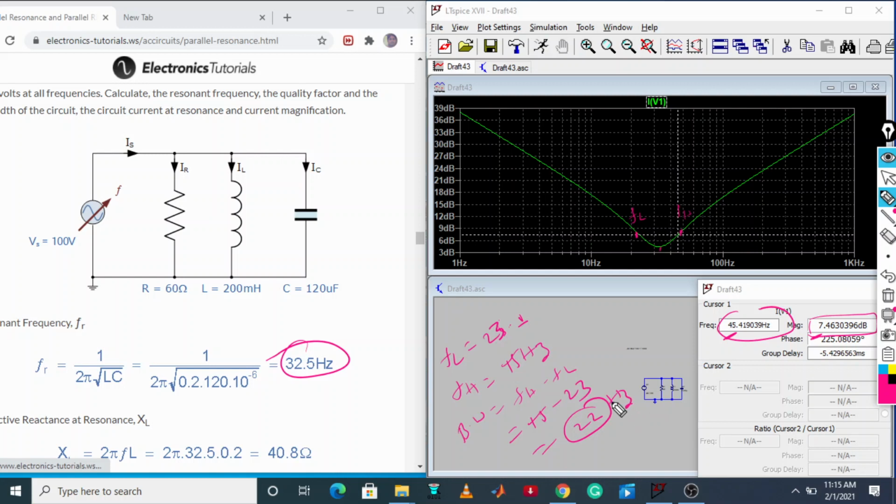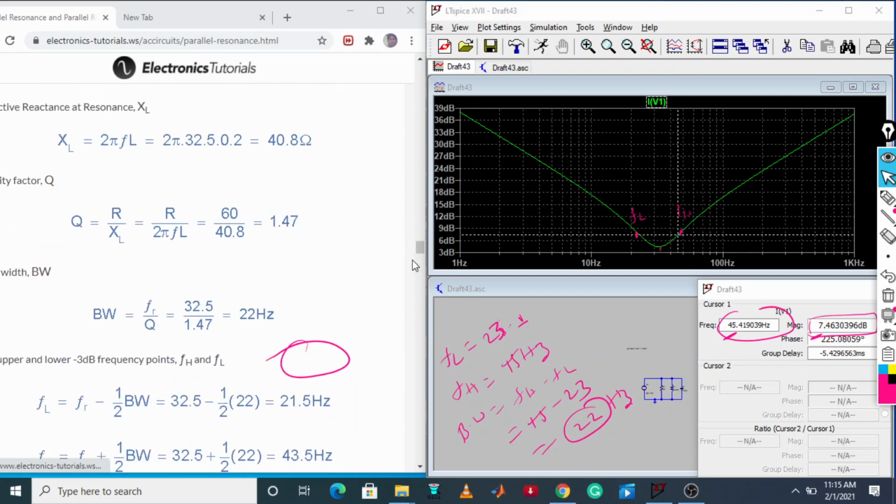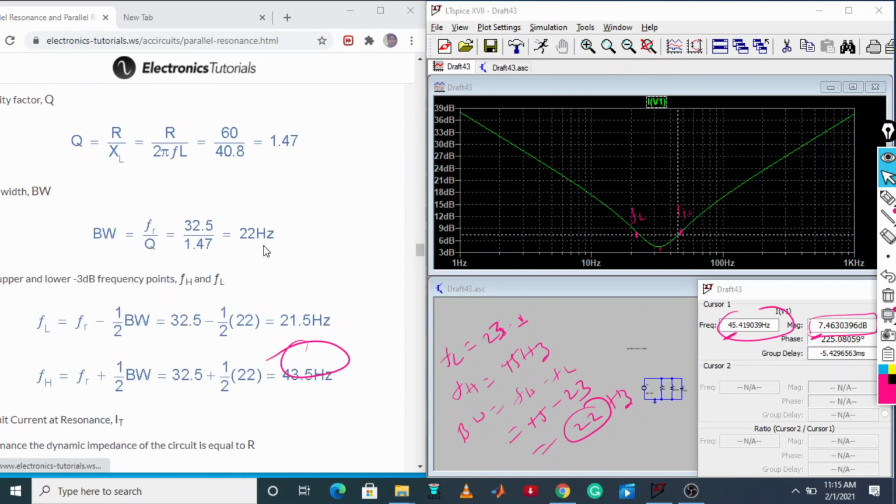Now we are going to check whether it matches our answer. Now if I scroll this, if you see, bandwidth is around 22 hertz, and this is the calculated value that we got. The calculated value is 22 hertz, and the bandwidth from the graph is also 22 hertz.